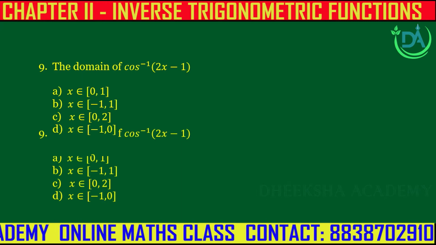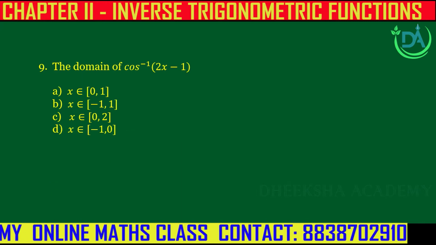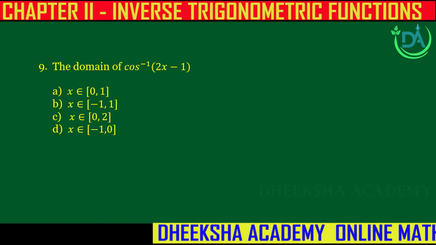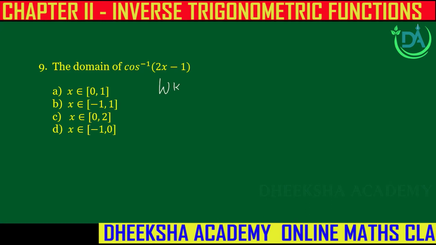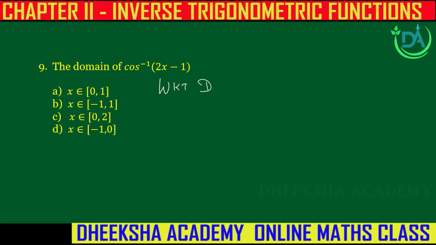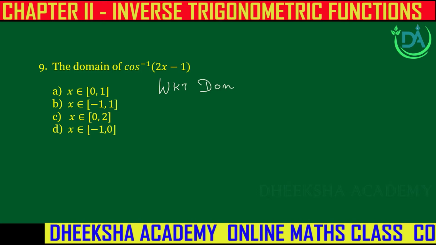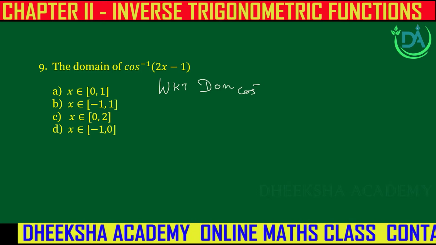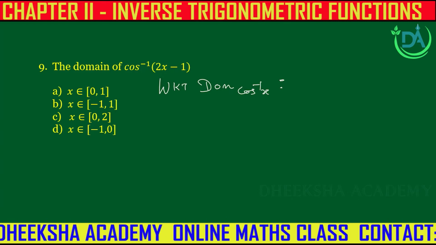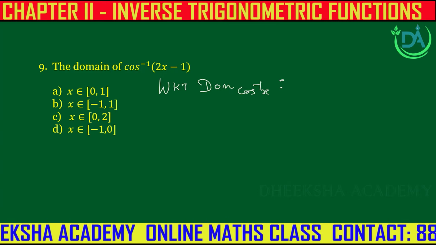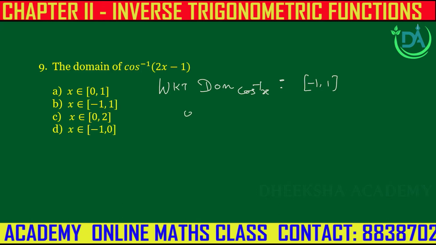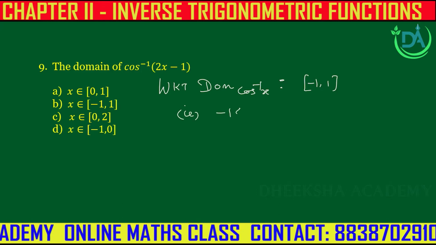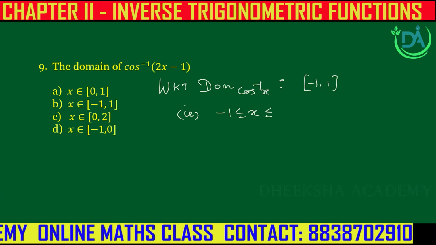The domain of cos inverse of 2x minus 1. We know that the domain of cos inverse x is the closed interval minus 1 comma 1, that is minus 1 less than or equal to x less than or equal to 1.